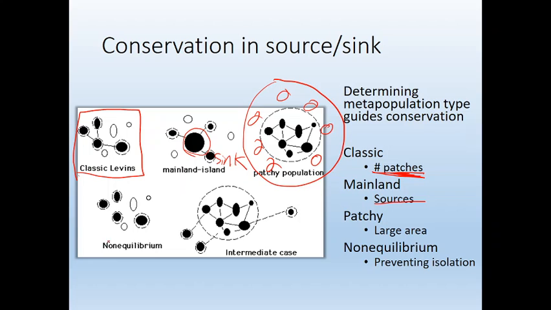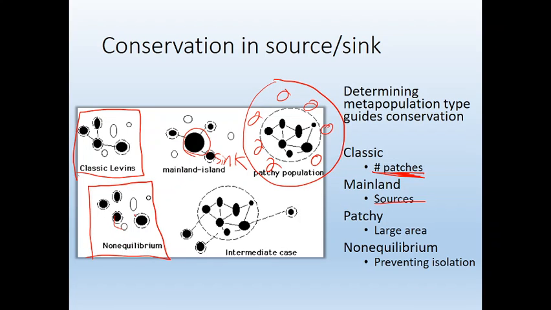If the system or organism you're trying to conserve is in a non-equilibrium state, then what matters is preventing isolation, right? Because we know that extinction can be really key here, since it's not balanced by colonization. So if you ever cut off the migration routes between different patches, that is going to be a big problem.